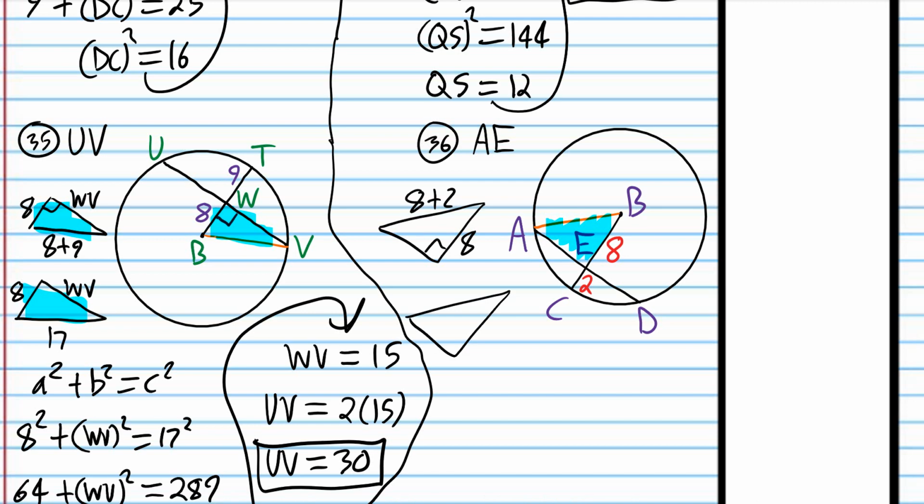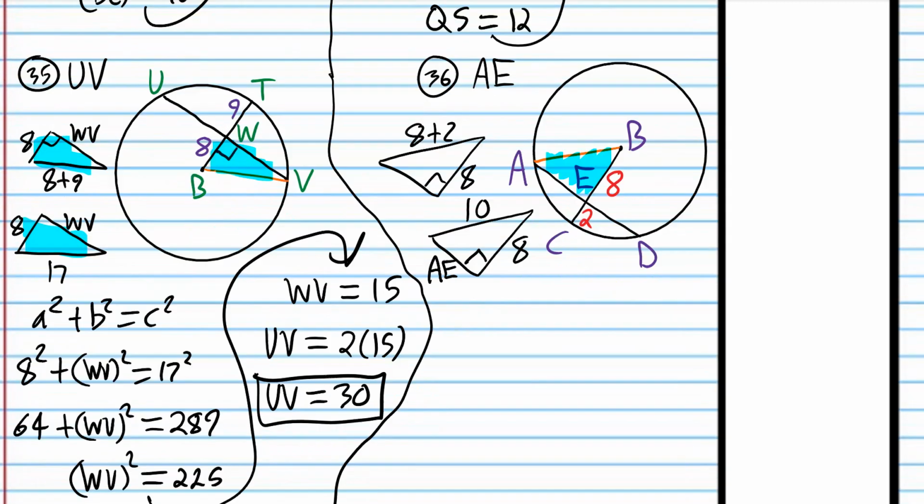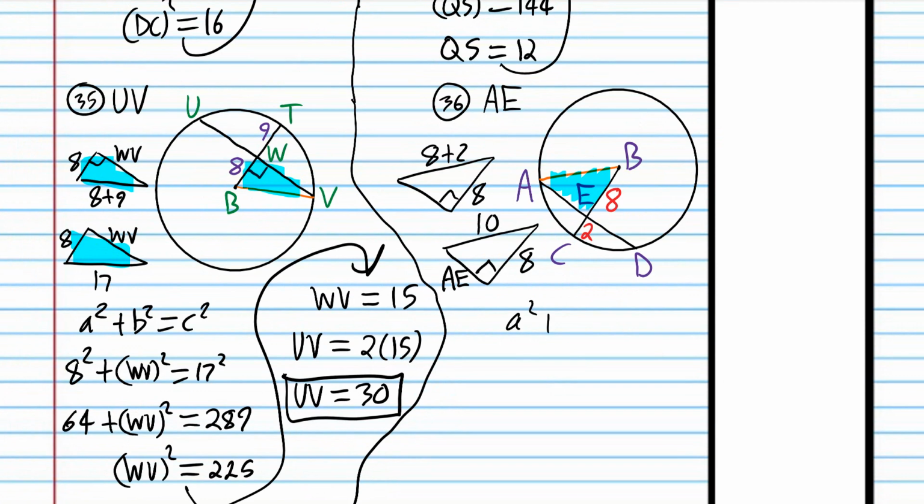And so we have 8, and then 10, and then the unknown side would be AE. And this time, that's what we're actually looking for. So now we're going to use the Pythagorean theorem. Again, these letters don't correspond to anything. They're the wrong letters to use, really, but I'm just showing you that because you're used to that form of the Pythagorean theorem.